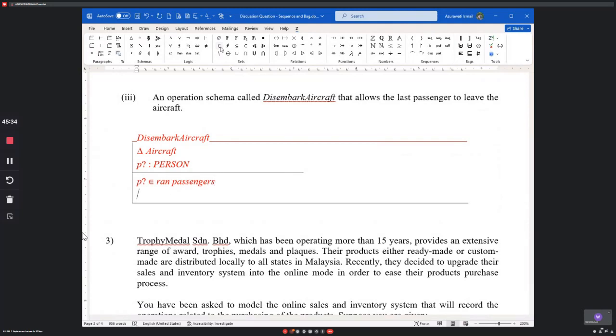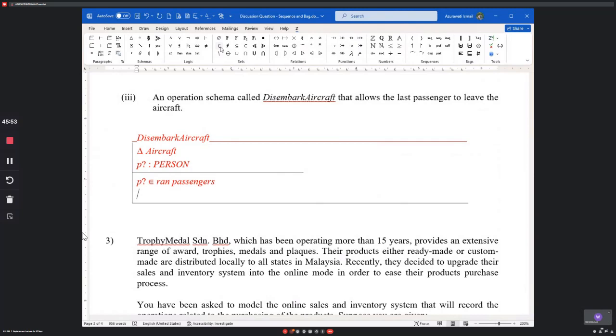So P must exist in our system if you want to allow the last passenger to leave the aircraft. So that must exist in our database. We don't need to consider the capacity because the passenger is already inside the aircraft.